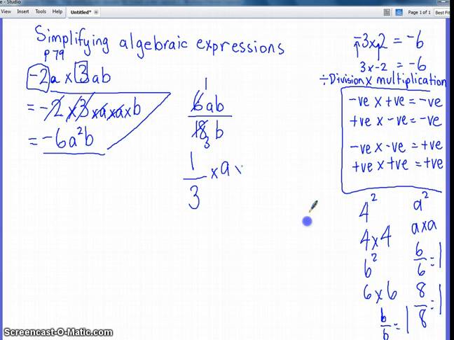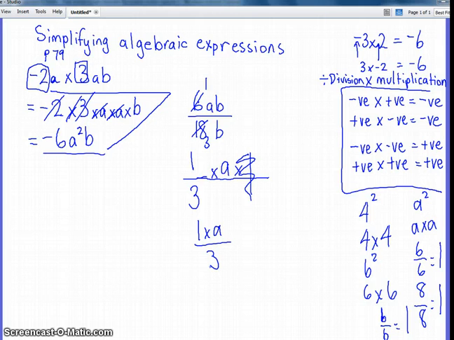Leaves us with that, doesn't it? Are you happy with that? A can't be simplified, so A's got to stay there. A's staying on the top line. Anything multiplied by 1 is the same, so we can essentially get rid of that, can't we? See how it's bringing all your rules together, or all your ideas together? What you're left with is 1 times A divided by 3.